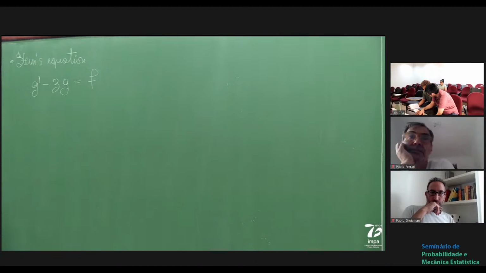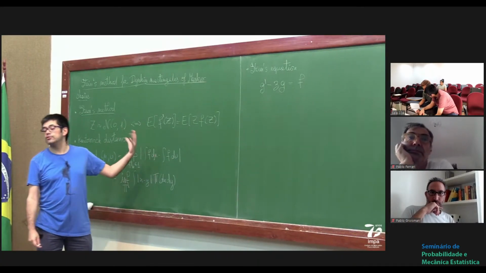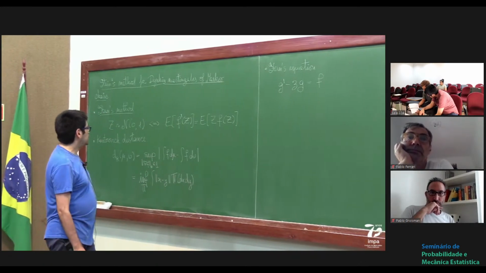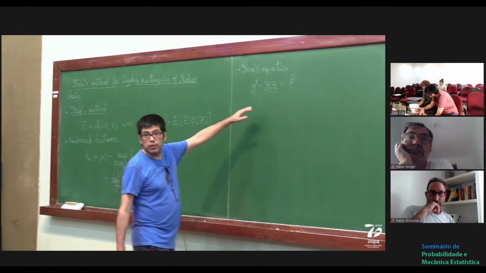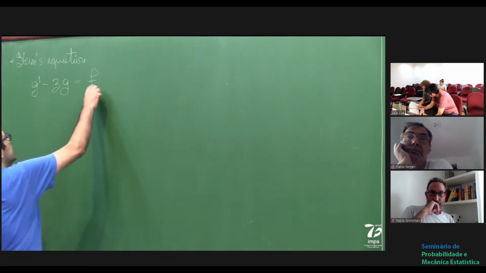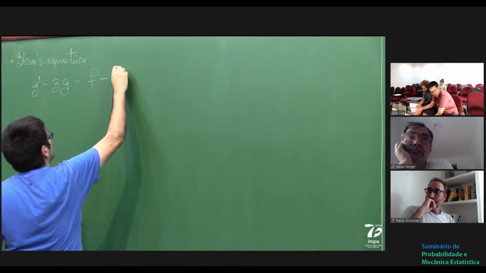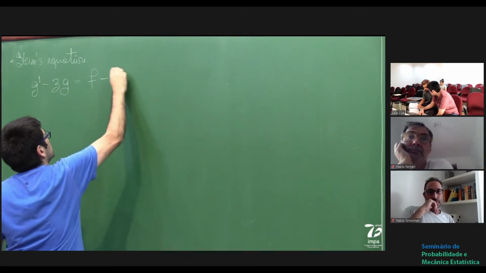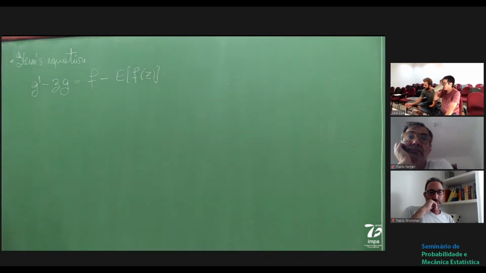You want to estimate this difference here, where this measure is the Gaussian measure, and this measure is your given measure. Okay, so this equation actually doesn't have a nice solution unless you take here the expectation of f with respect to the Gaussian measure. So you need to have a mean zero function in order for this equation to have a nice solution.